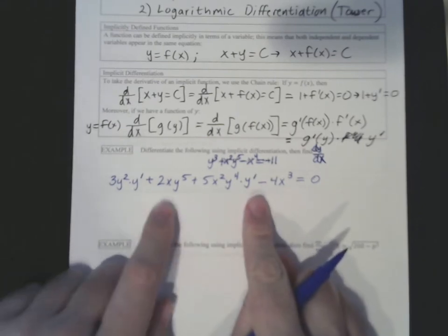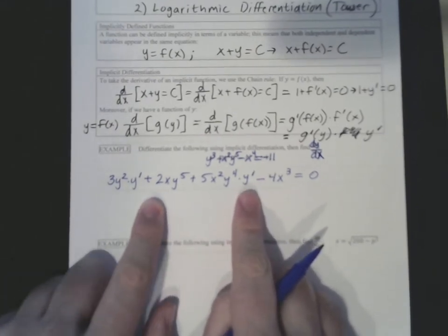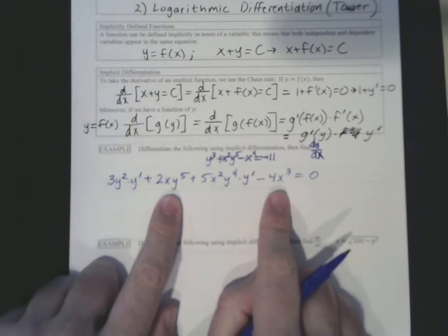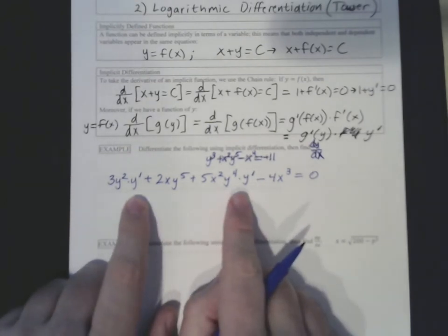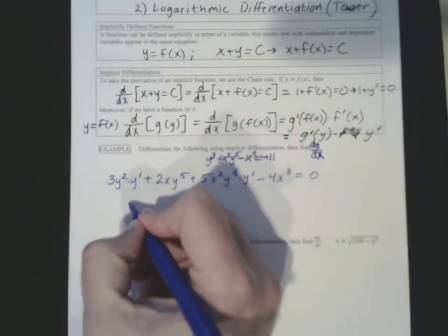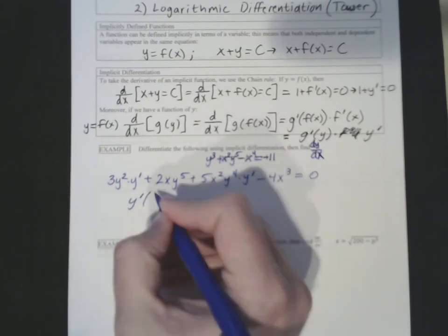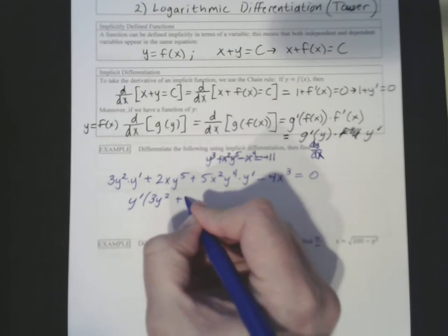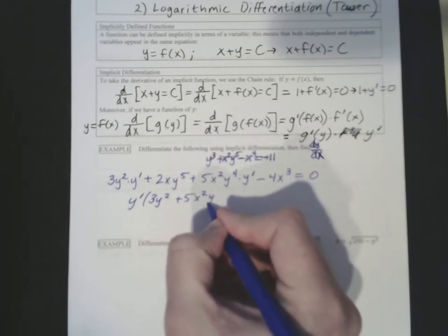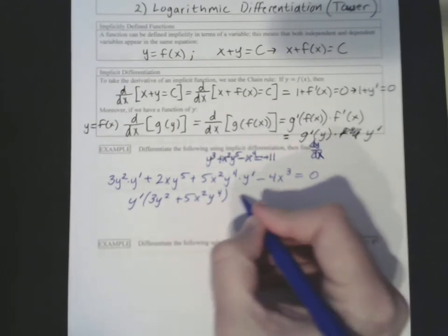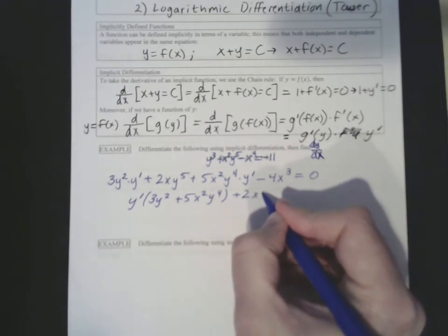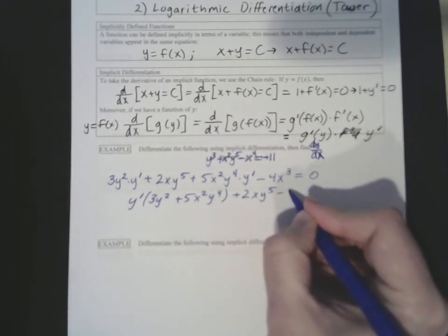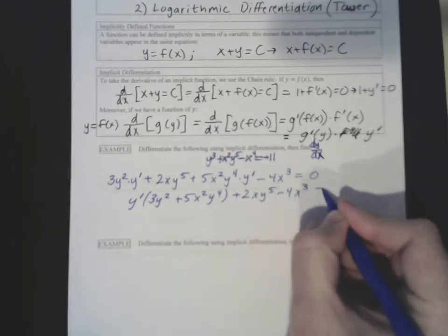So now, when you take your implicit derivative, you'll have some terms with x's and y's and some terms with y primes. So we're going to factor the y primes out of what we can. 3y squared plus 5x squared y to the fourth, times y prime, plus 2xy to the fifth minus 4x cubed equals 0.